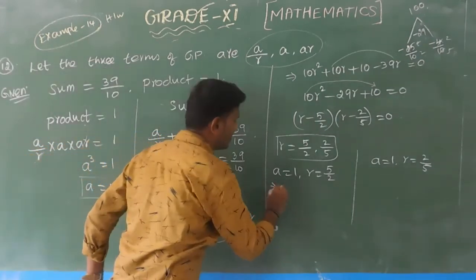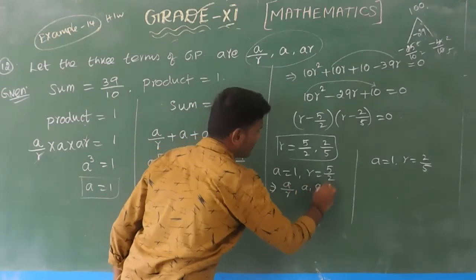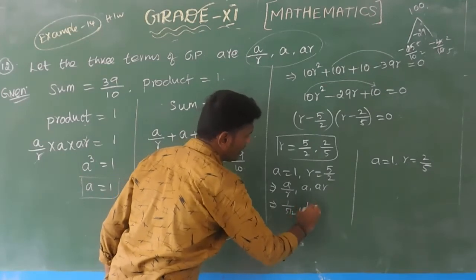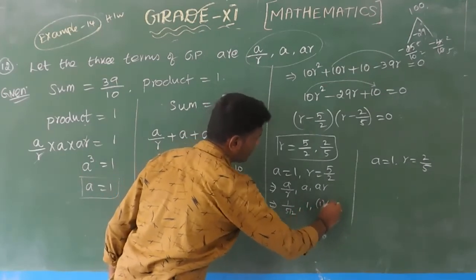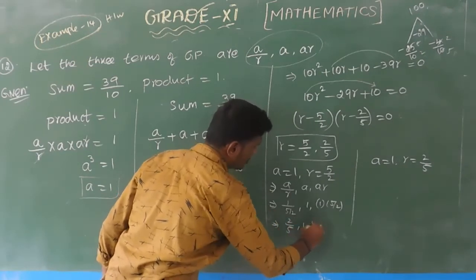Now I substitute the values as a by r, a, ar. That is a is 1, r is 5 by 2, so a by r is 2 by 5, comma 1, comma 1 into 5 by 2, that is 5 by 2.